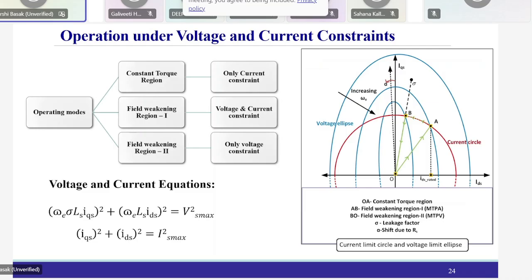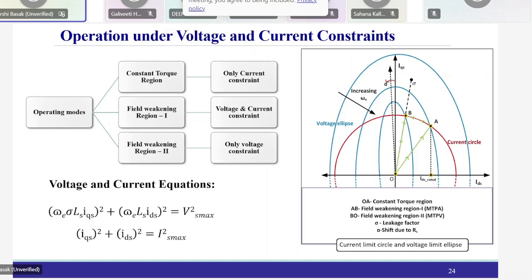Now, whenever you are operating the drive system in your vehicle, you will have a limitation over the DC bus voltage, and a limitation over the current as well. The inverter can produce a certain amount of voltage, and the current will be limited by the thermal constraints.